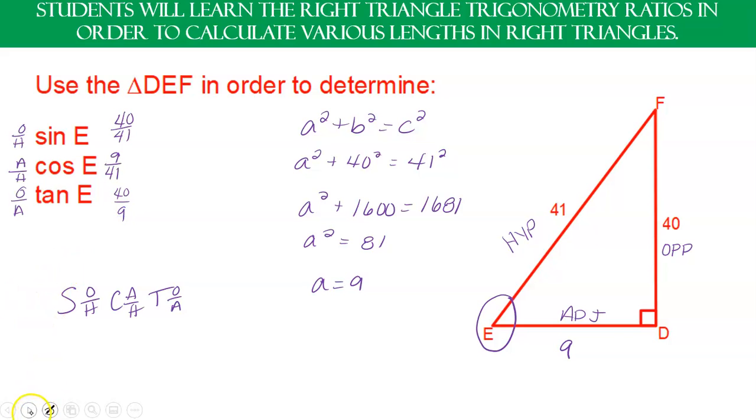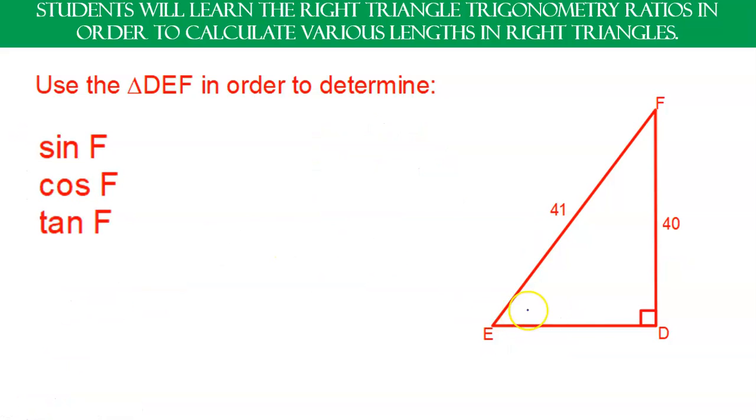So then the next thing we're going to do is use the same triangle. So we know that this side is 9 because we're using the same triangle, but this time we're going to use angle F. When we use angle F, our hypotenuse is still the side across from the right angle, so this is still our hypotenuse. The side that's opposite of our angle, though, this time is not the 40, it's the 9. And the adjacent is the one that connects F to the right angle.